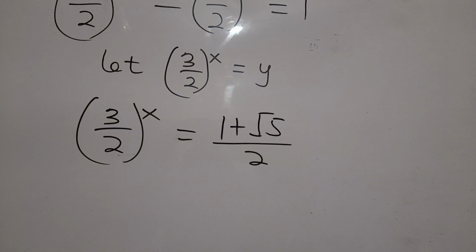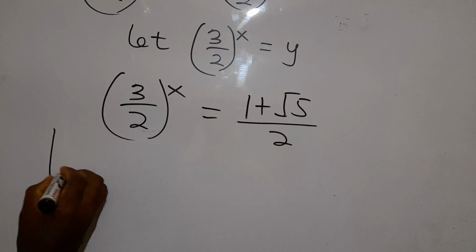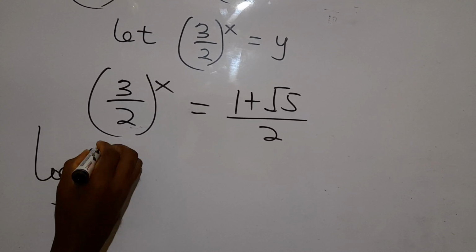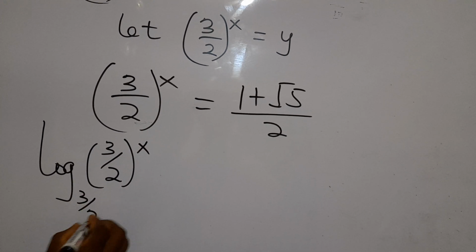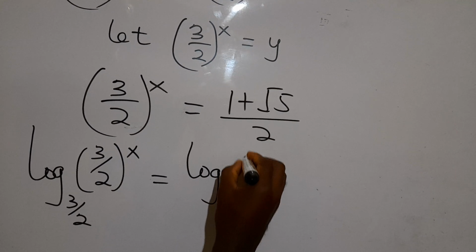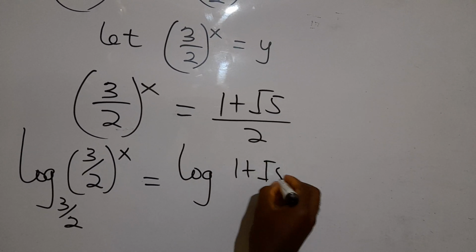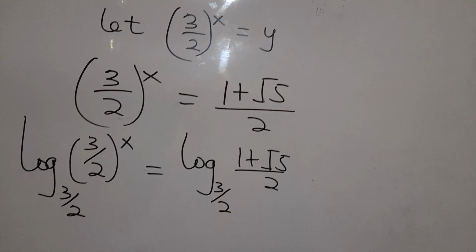So from here, I'll take a log of base 3 over 2 of both sides. So I'll have log of 3 over 2 exponent x base 3 over 2 equal to log of 1 plus root 5 over 2 base 3 over 2.